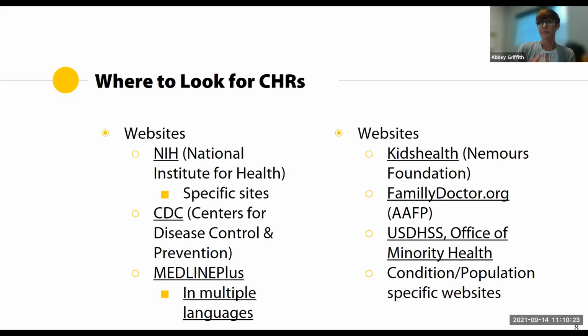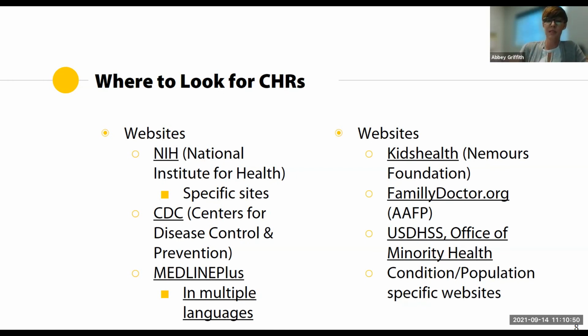Some places to look for these consumer health resources. There's a number of websites. I cannot possibly list them all, but some great ones to look into are places like the National Institutes of Health. They do have specific sites. Of course, we know the NIH is this massive umbrella that encompasses everything as far as medical research and information goes in this country and really the world.